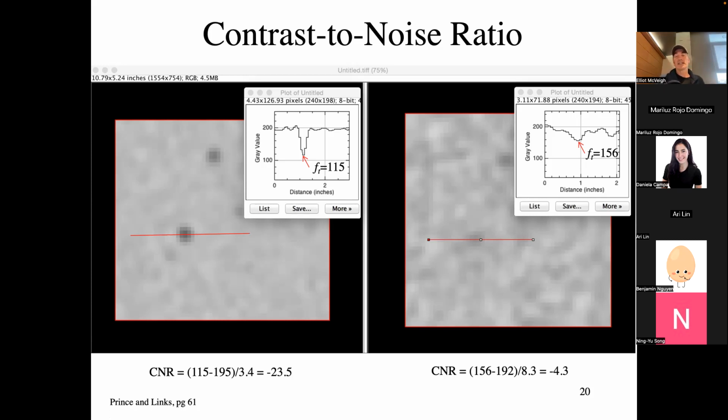And this is right on the threshold. This is called the Rose criterion: if that number, the contrast to noise, is 5 or greater, you have about a 95% chance of getting the call right every time, that the target is there or it's not, right?